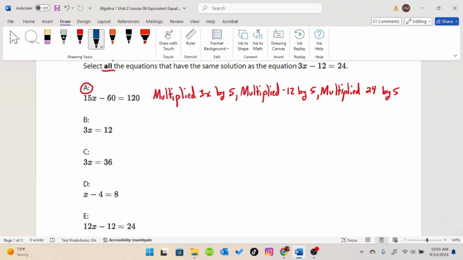Now we look at choice B. To go from 3x to 3x, they did nothing. Now we only have 12 on the right side.